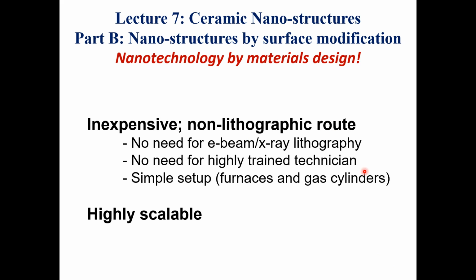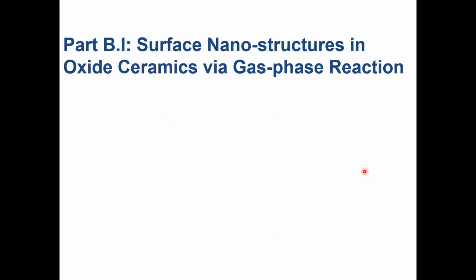It's highly scalable, in the sense that you can cover the entire bulk-scale surface in a single step. Eventually, this patterned surface can be used for applications like gas sensing, catalysis, or biological cell interaction on the surface.